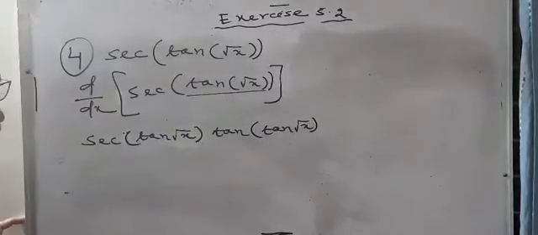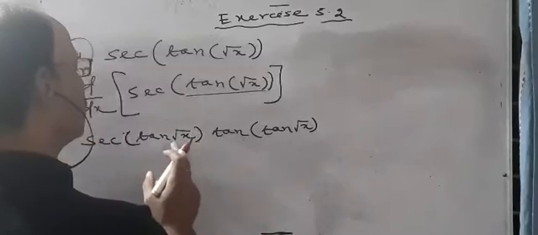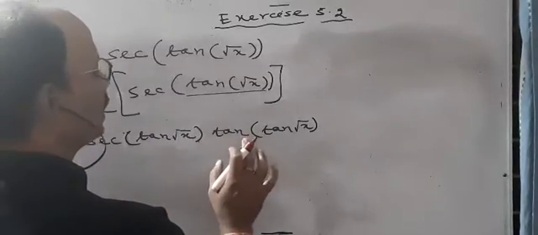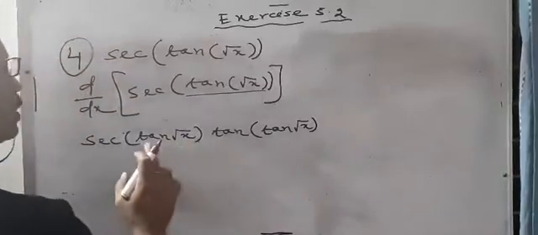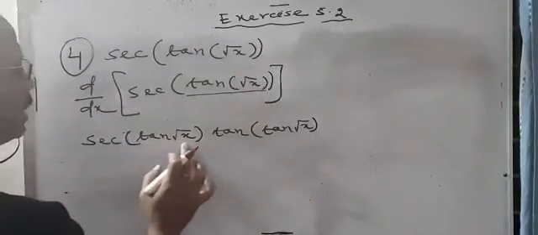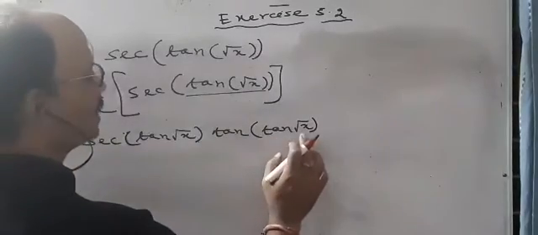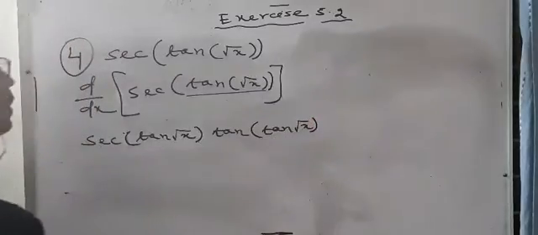Here this is θ, or we may take it as x. So sec x multiplied by tan x.